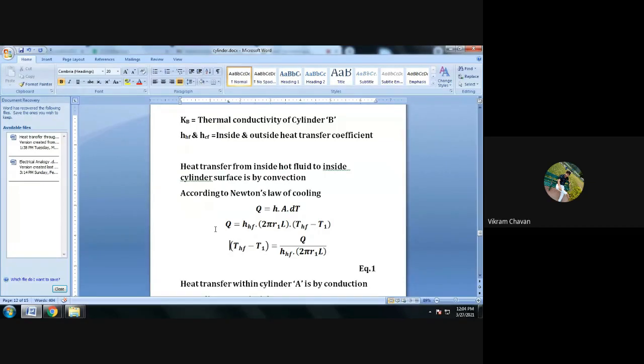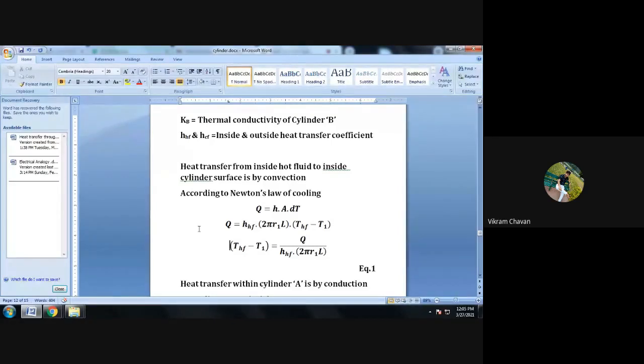So we get the equation T suffix HF minus T1 equal to Q divided by H suffix HF multiplied by 2 pi R1 L. Give equation number 1 for this equation: T suffix HF minus T1 equal to Q divided by H suffix HF multiplied by 2 pi R1 L. Okay? Getting everyone?